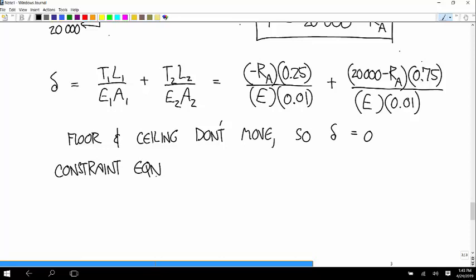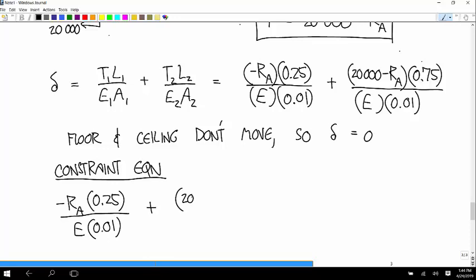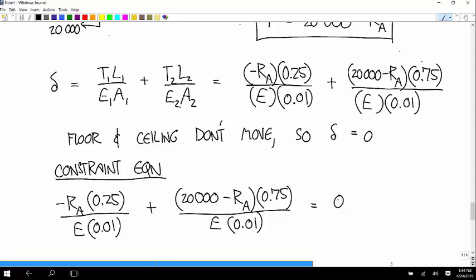We have negative RA times 0.25 divided by E times 0.01 plus the quantity 20,000 minus RA times 0.75 divided by E times 0.01 is equal to 0.